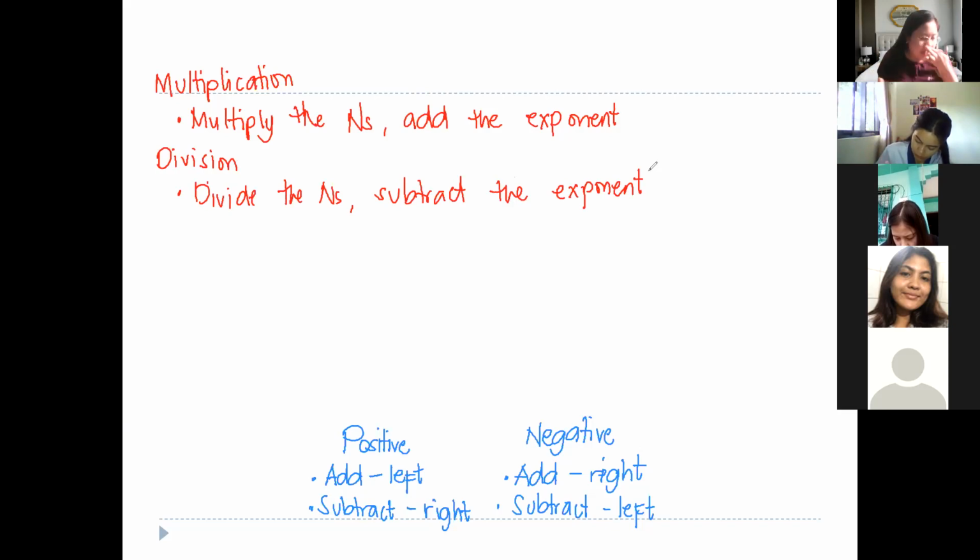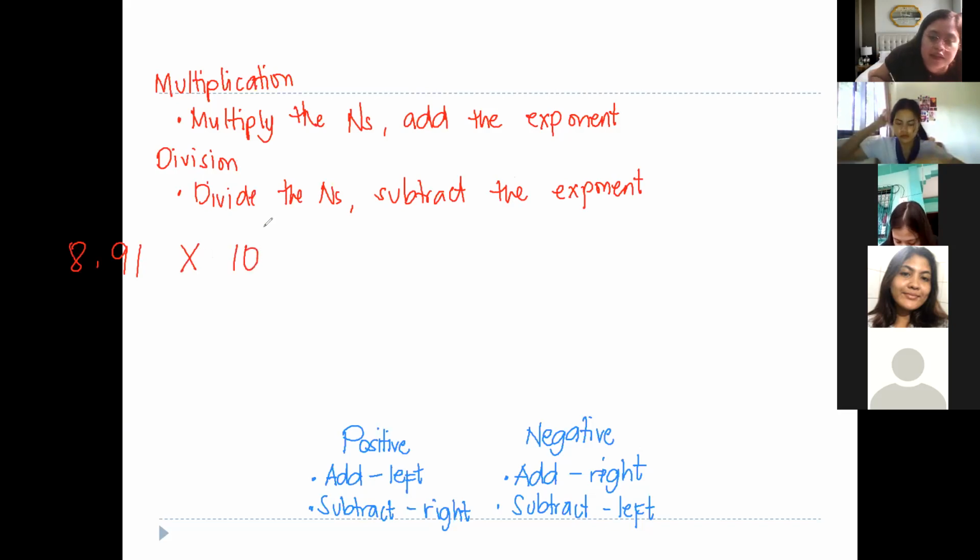So let's start with an example sa multiplication. We'll have here 8.91 times 10 raised to the power of negative 5 times 5.6 times 10 raised to the power of 3.